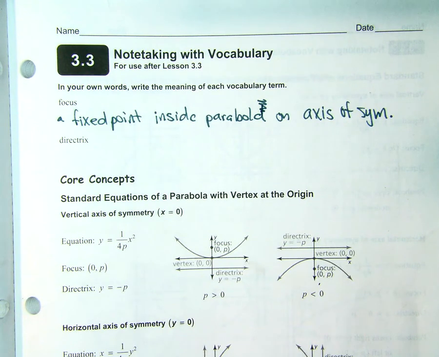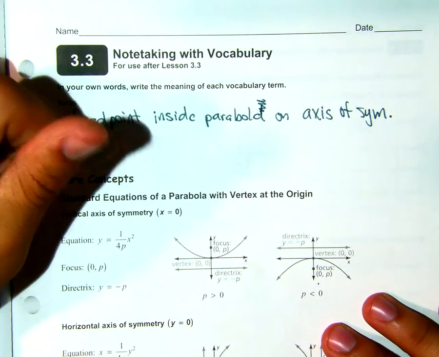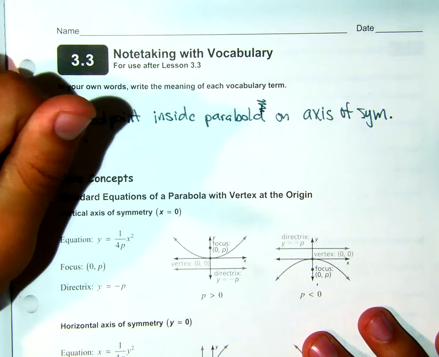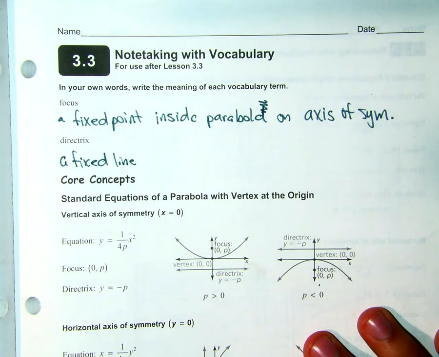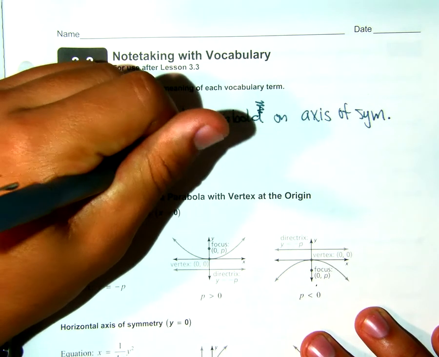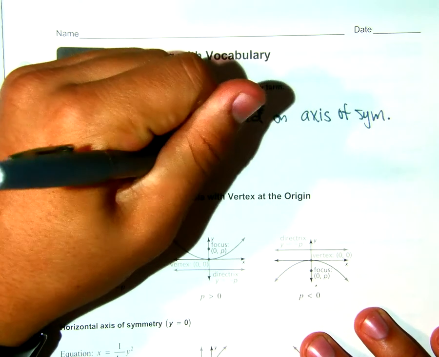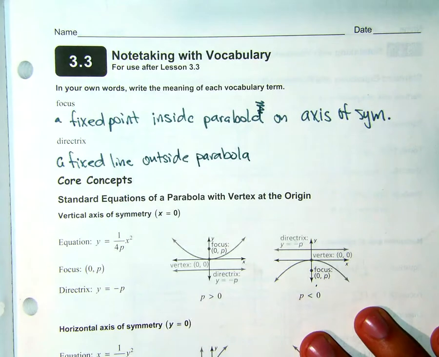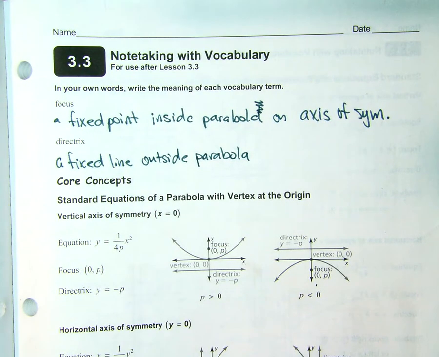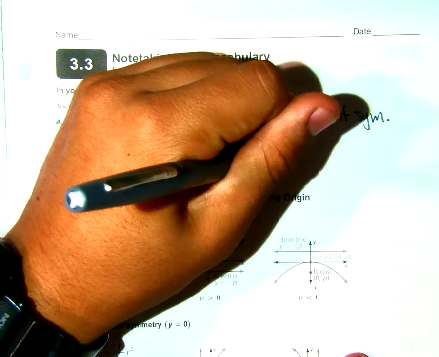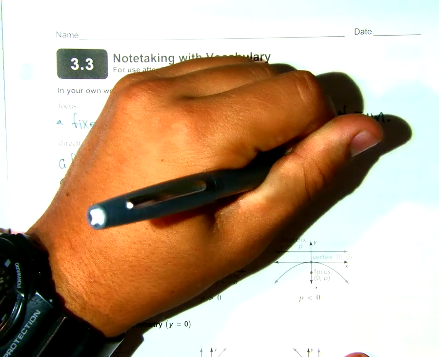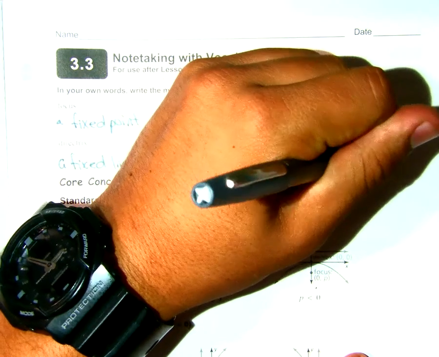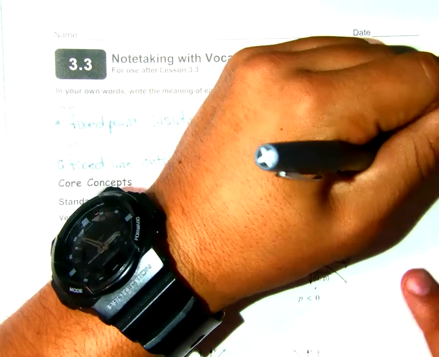Okay, so you have one of the pieces. Okay, so there are three things I want you to have here: it's a fixed line, the second part is outside the parabola, and that it's perpendicular to the axis of symmetry.